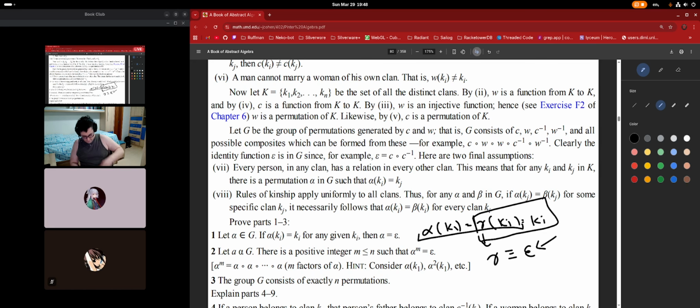Could you repeat that? If alpha of ki equals ki for any given ki, that is, if there exists some ki where this is true, then alpha is equal to epsilon by applying rule 8.